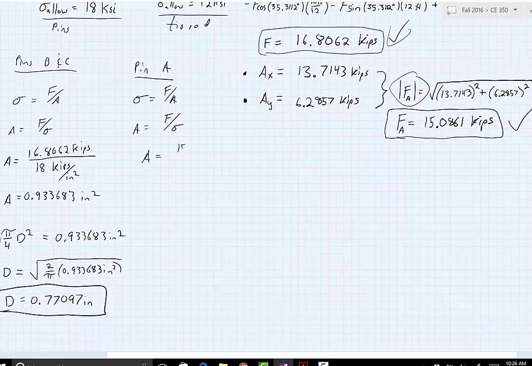So the magnitude of the components at point A, 15.0861 kips divided by the stress at pin A. So 15.0861 divided by 18.